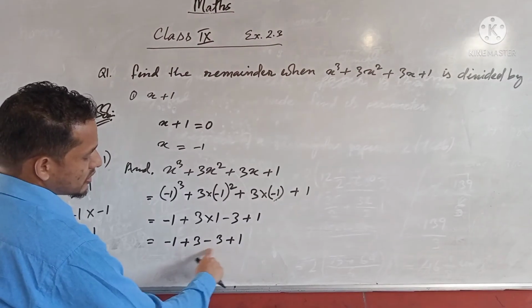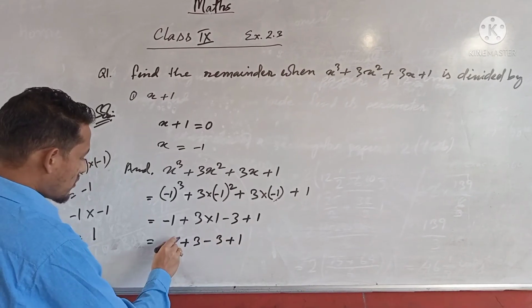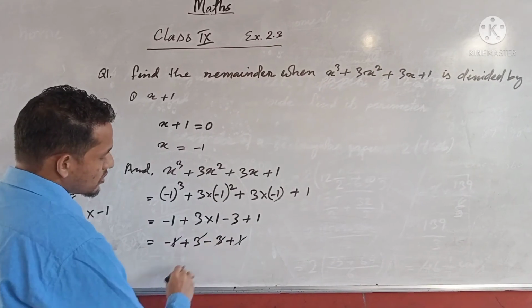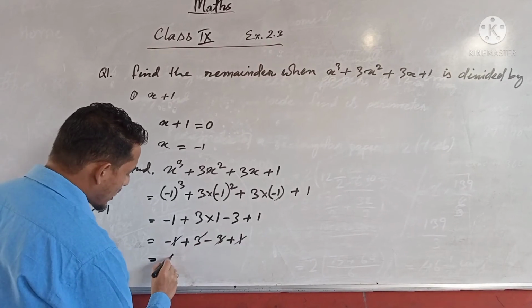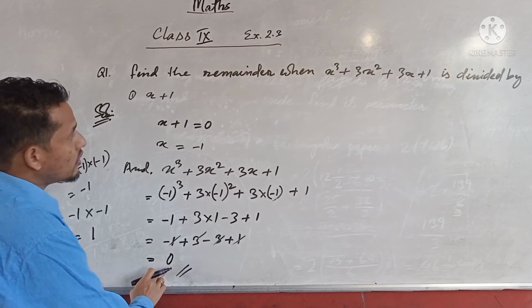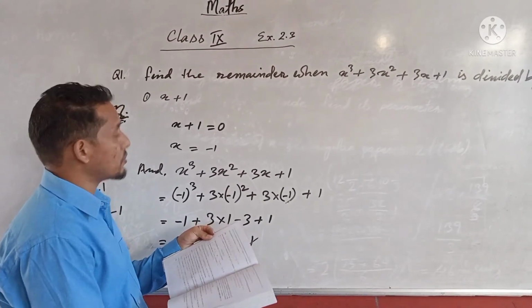Again these two are the same: plus 3 minus 3, you can cancel. Then all the values are cancelled, and your answer will be 0. So the remainder will be 0. Now let us see the next question, question number 2.